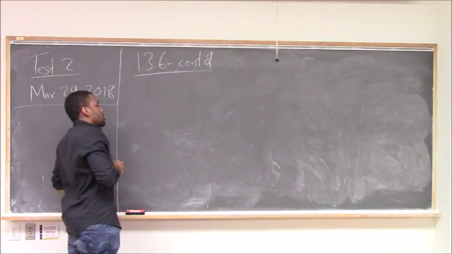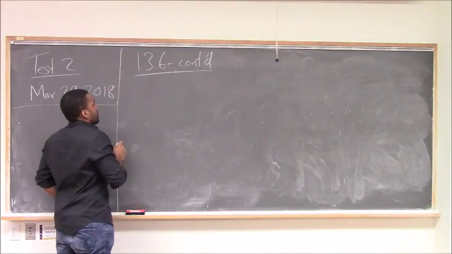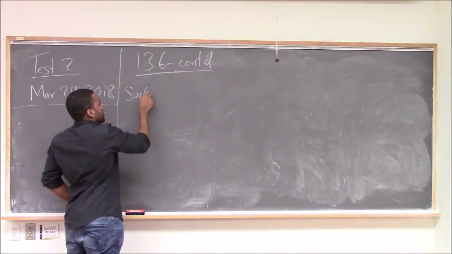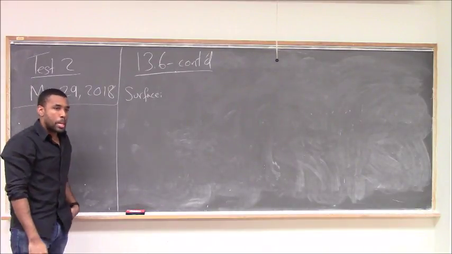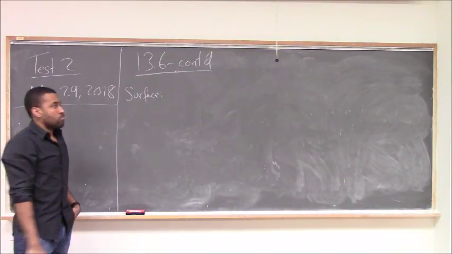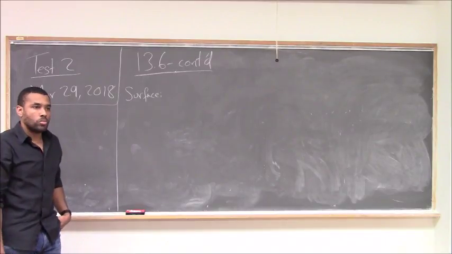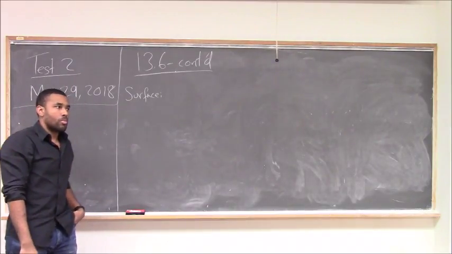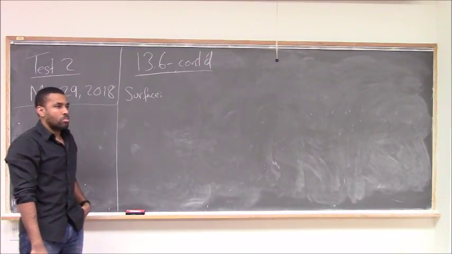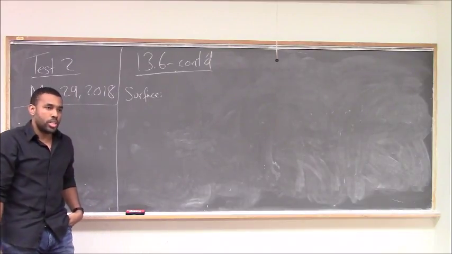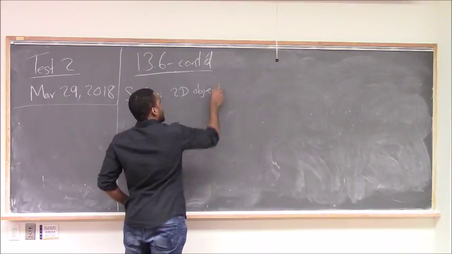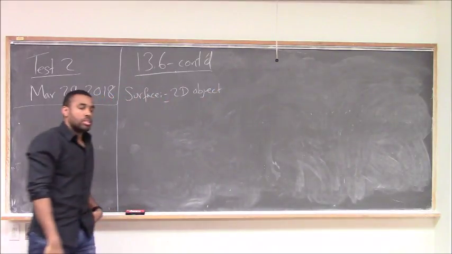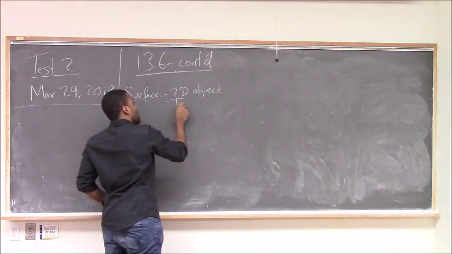Let's continue. What can you tell me about a surface? Just to do a small review before we start. What's a surface? A double integral? No. It's a 2D object. What does that mean? It has 2 parameters if you're parameterizing it.